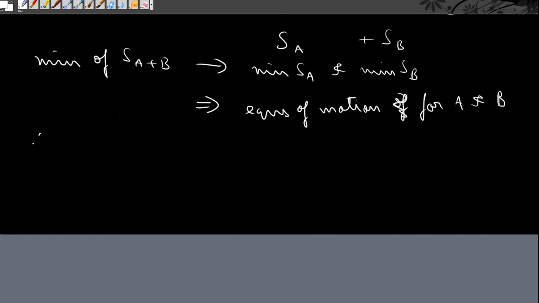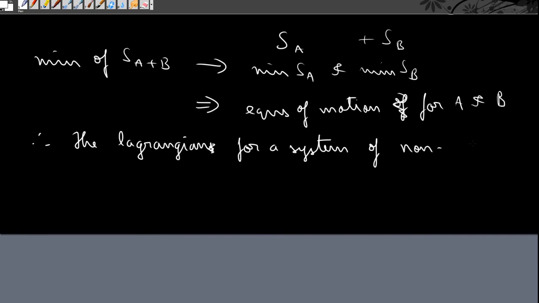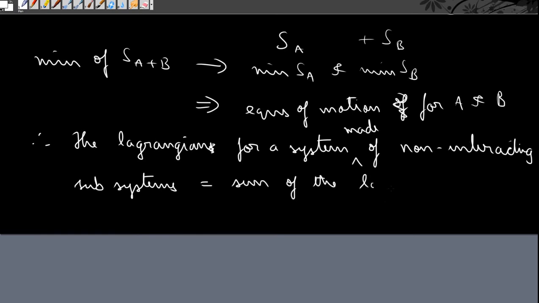So therefore the Lagrangian for a system made of non-interacting subsystems is equal to simply the sum of the Lagrangians of all the subsystems which are non-interacting.